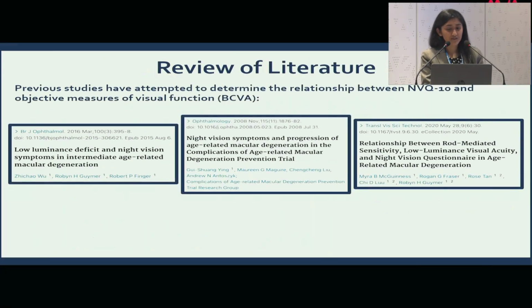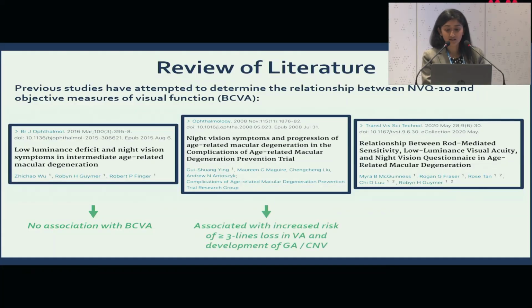So only a few studies have attempted to determine the relationship between NVQ-10 and objective measures of visual function, like best-corrected visual acuity. For example, Wu and colleagues found that NVQ-10 scores were not associated with visual acuity. On the other hand, Ying and colleagues found that poor NVQ-10 scores were associated with an increased risk of a loss of 3 or more lines of visual acuity, as well as the development of advanced AMD.